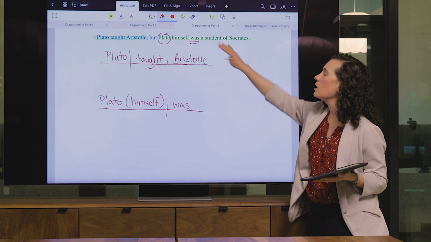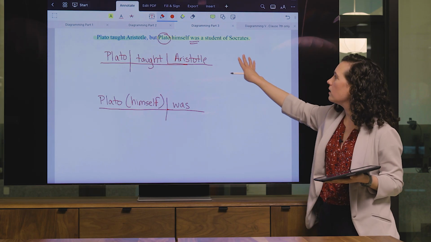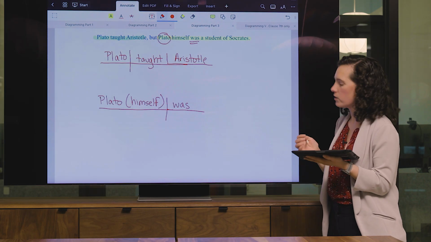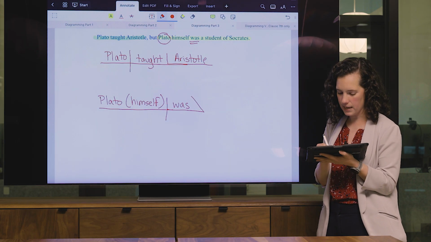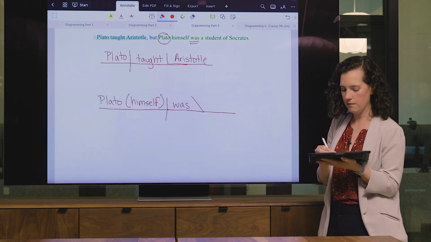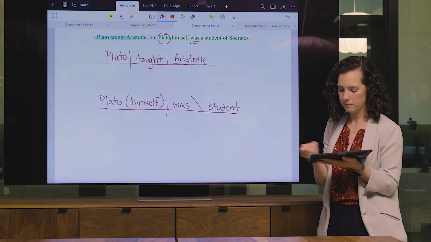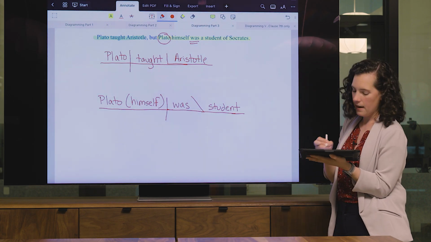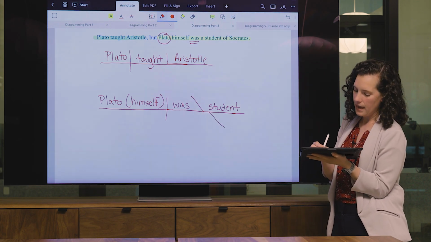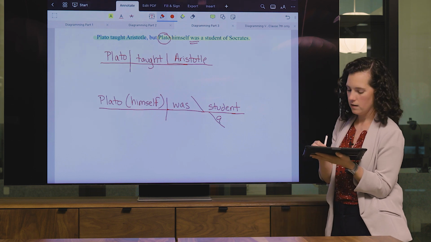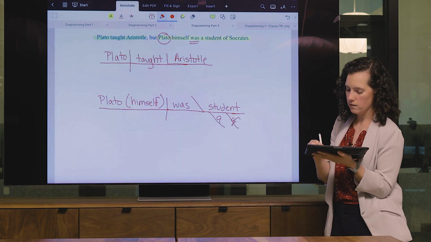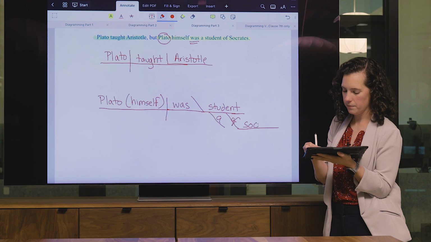And we see we have student here, a predicate nominative. Student and Plato are the same person. We put that slanted line for predicate nominatives, and we place student on the right. And then we add a describing student and of Socrates describing student.